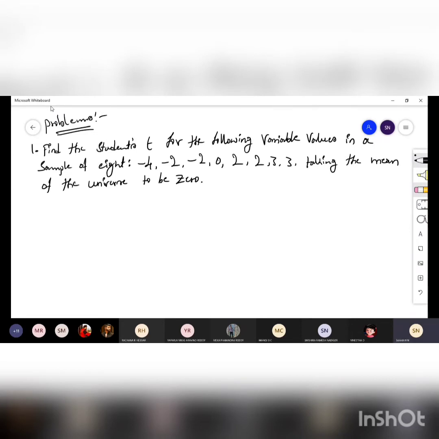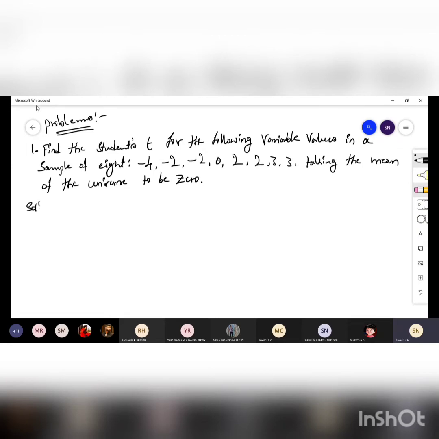So find the students t for the following variable values in a sample of 8, and they given some values: -4, -2, -2, 0, 2, 2 and 3, 3, taking the mean of the universe to be 0. So that mean of the universe to be 0 means we need to take the value of that mu as 0. So let us see one by one.